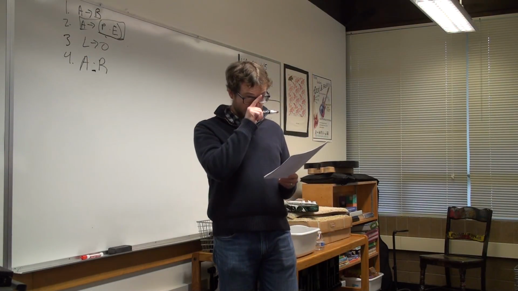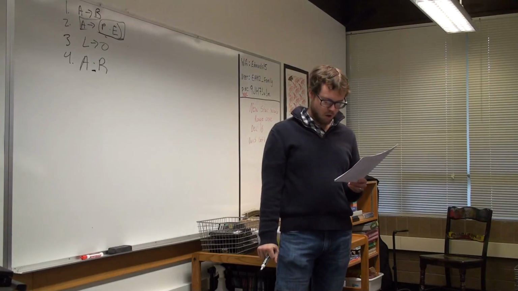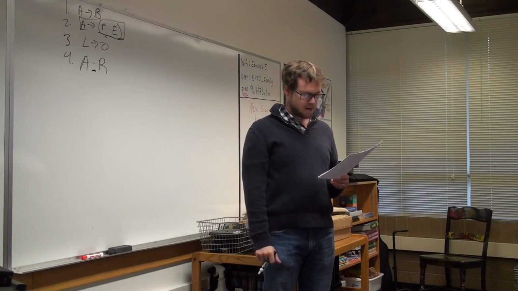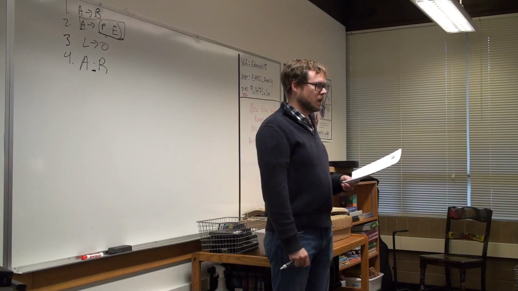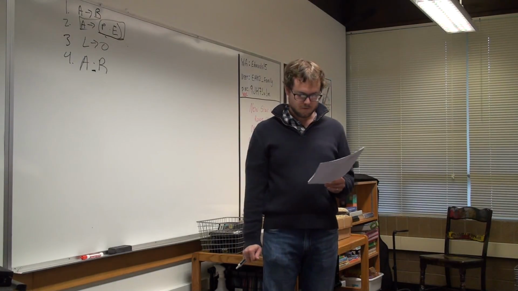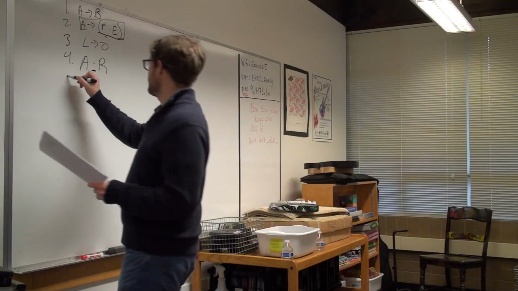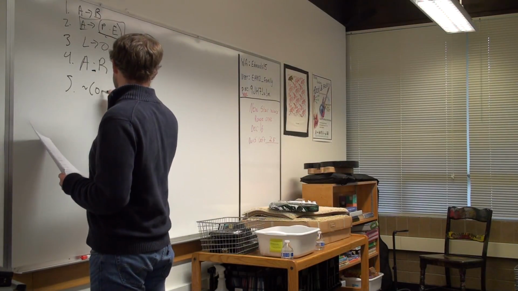Okay. Number 5. If the ostriches and the zebras don't both run, then the lion is successful. Laura, do you want to try this one? Not O and Z in parentheses.